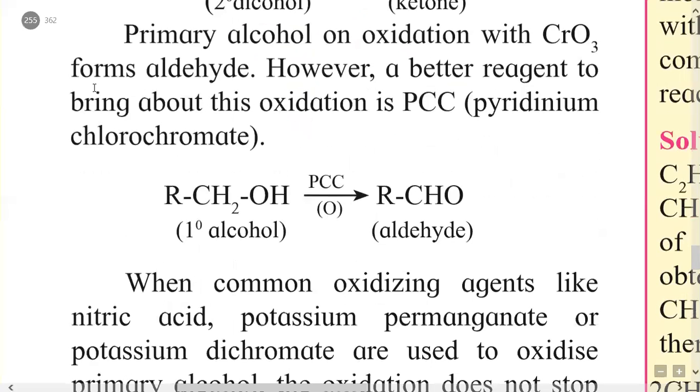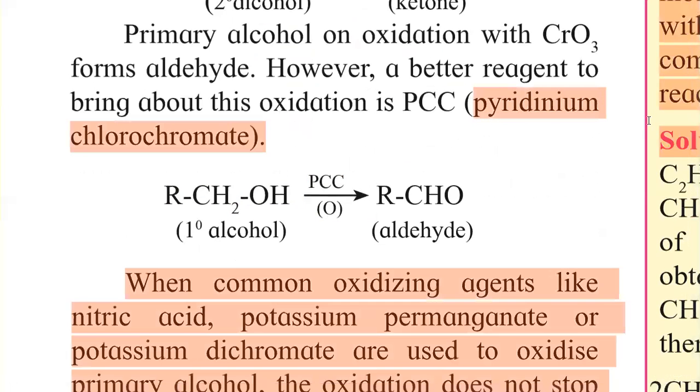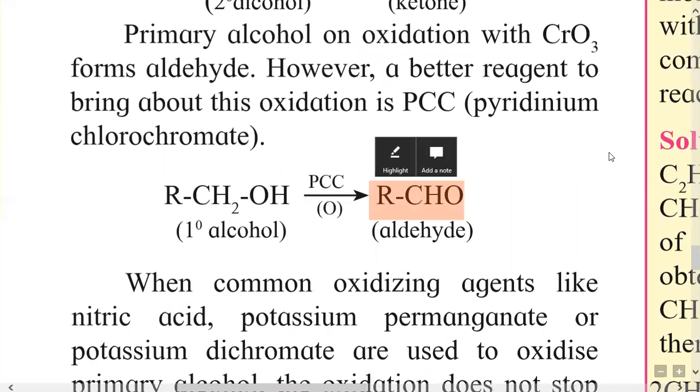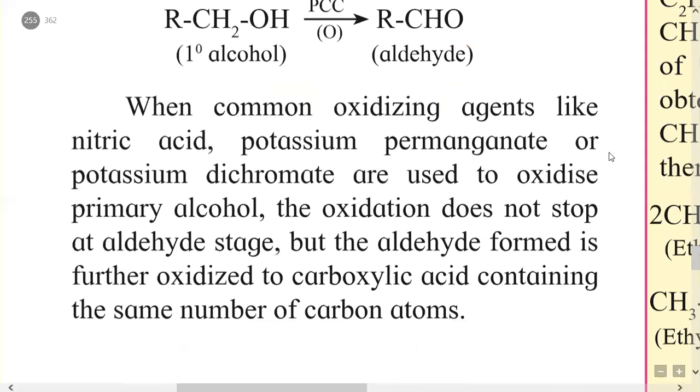Then next reaction is with primary alcohol. Primary alcohol is represented with general formula RCH2OH. When treated with PCC, PCC is pyridinium chlorochromate, it gives aldehyde formation from primary alcohol.